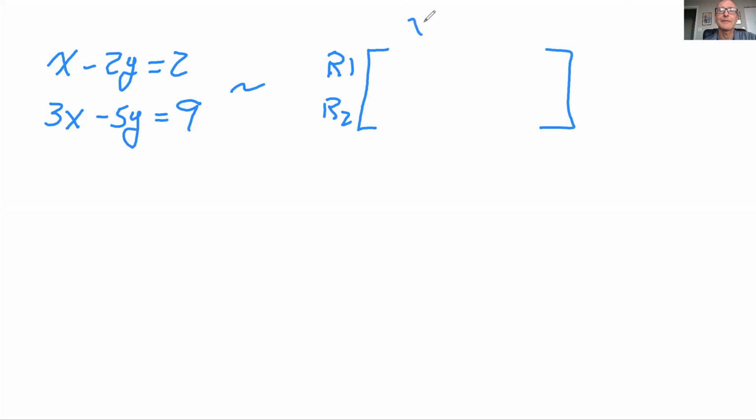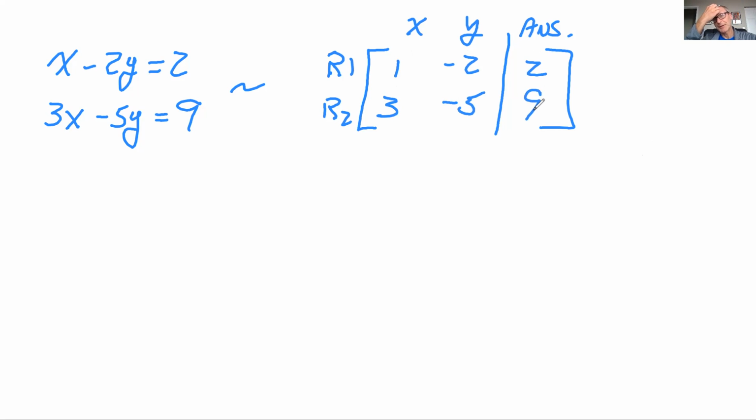Again, we'll have X, Y, and we'll have the answer. So when we set this up for this calculation, we would have 1, minus 2, 2, and 3, minus 5, 9.